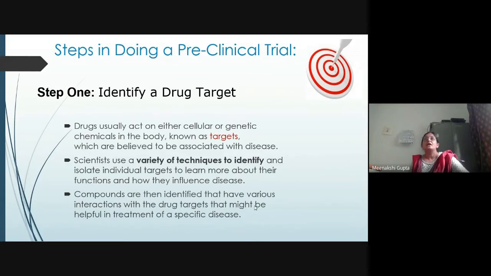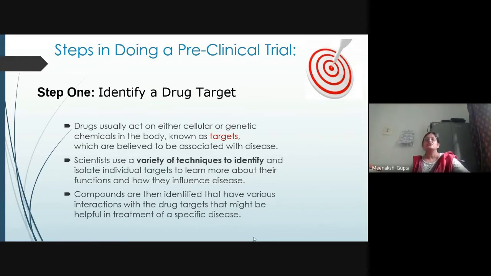The lack of one particular enzyme, for example beta galactosidase, will cause neurodegenerative disease in an individual. What is the target in this disease? The target is the substrate. If we are able to destroy that substrate in the cell, we are able to treat that disease.